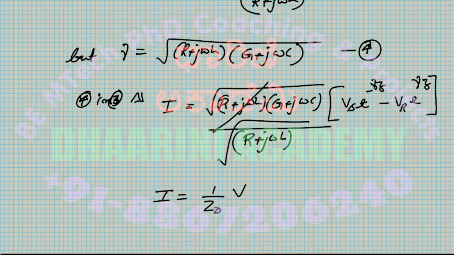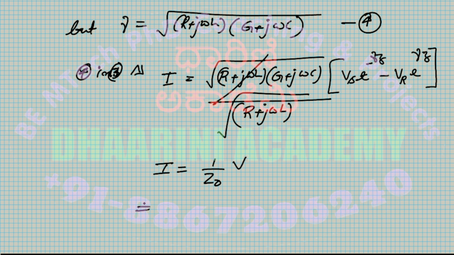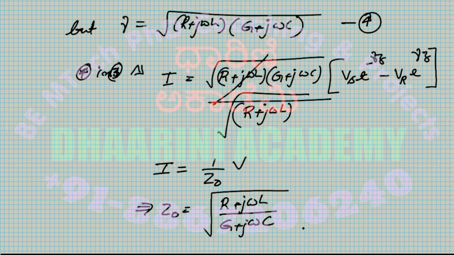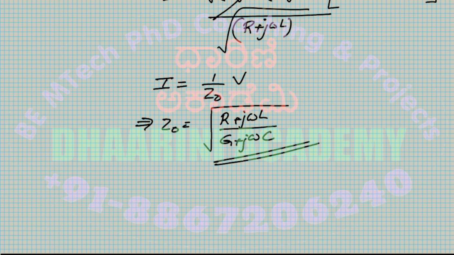So this implies Z naught is equal to whatever is in the denominator, which becomes the numerator: Z naught equals the root of (R plus j omega L) divided by (G plus j omega C). So that's how you get Z naught as this equation. We have another definition as well, which you can use whenever a definition is required, but for derivation, this is the procedure.